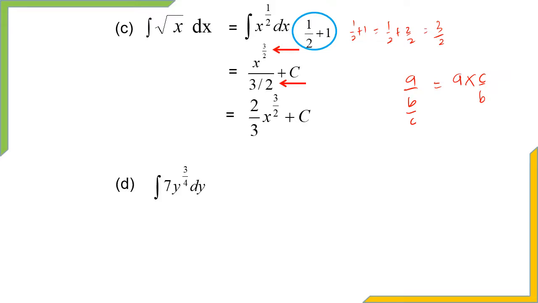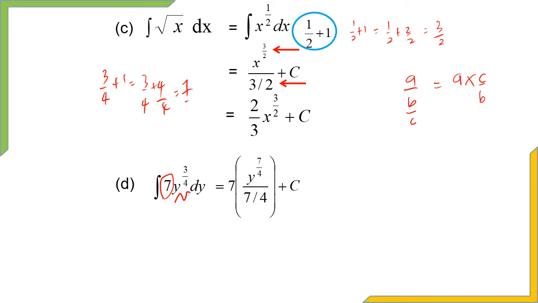And for question D, we have integration of 7y to the power of 3/4 with respect to y. First, this 7 is just the coefficient of y, so we can take it out as a coefficient of the function. And then we integrate y to the power of 3/4, applying the power rule. So we have 3/4 plus 1 equal to 3/4 plus 4/4, which is equal to 7/4.